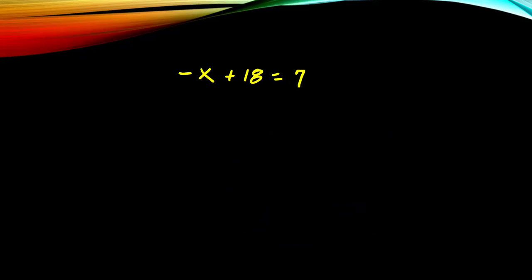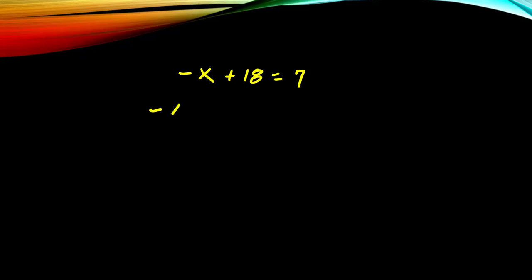Now the question becomes, what if that negative sign is on the letter instead of on the number? We have a couple of ways of handling this situation. I personally prefer to get rid of that negative sign on the x term, and the way we do that, we want to zero him out.